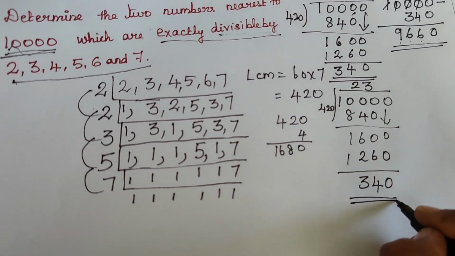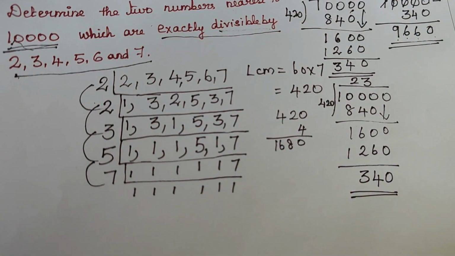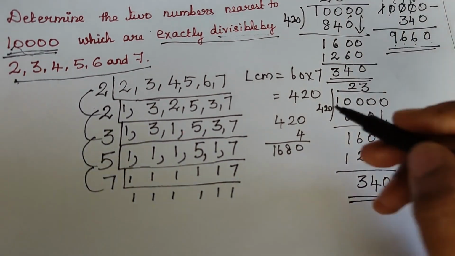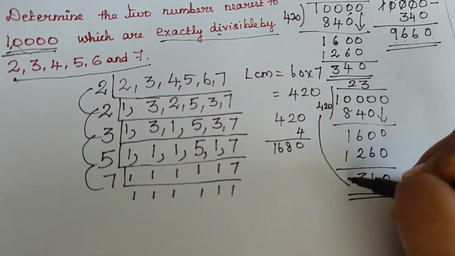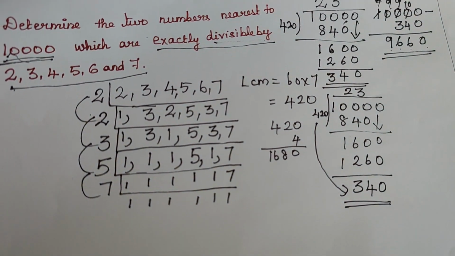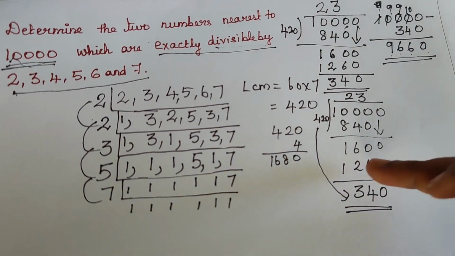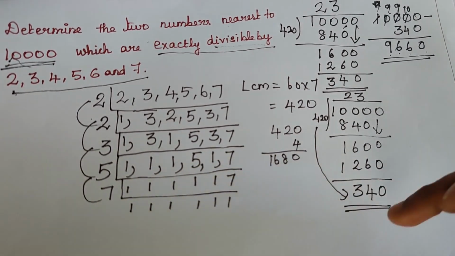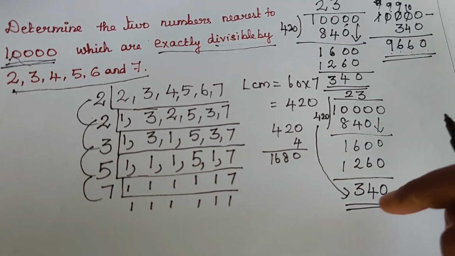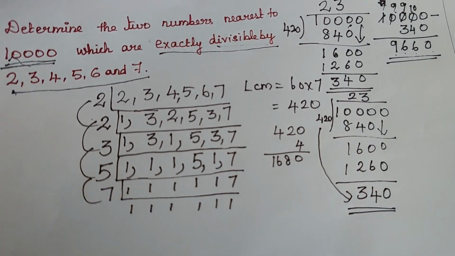So here we need a number more than 10,000 which is exactly divisible by 420. So 420 minus 340. Because how much more is needed to complete 420? To complete 420, how much must be added to this 340?